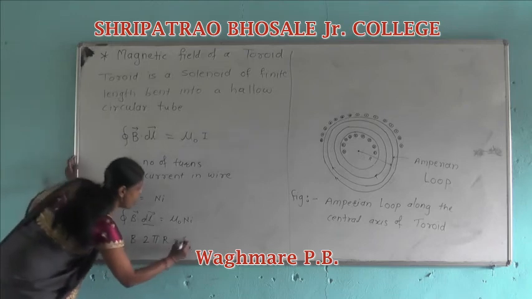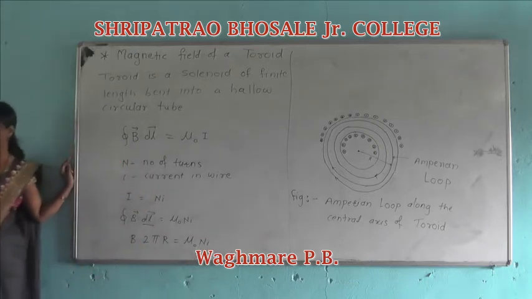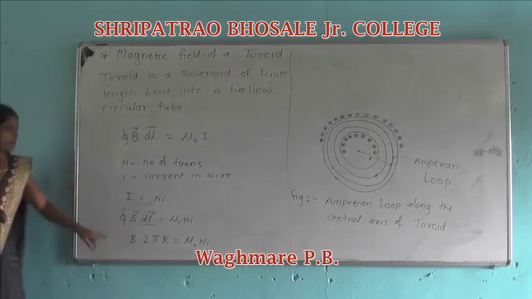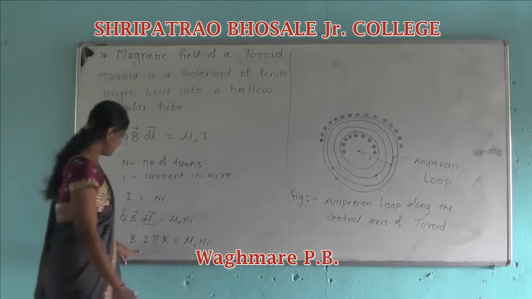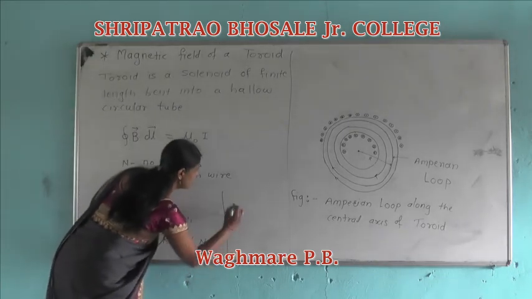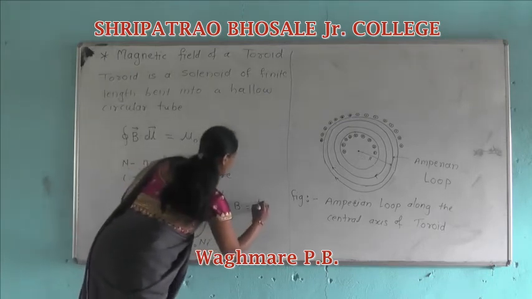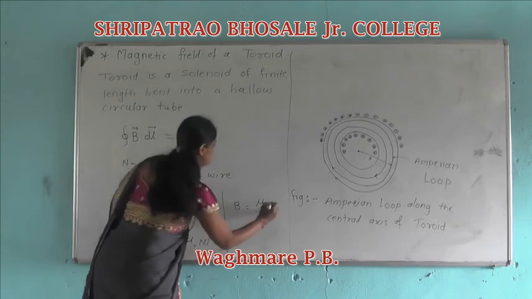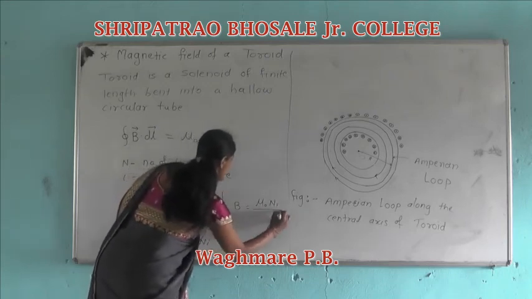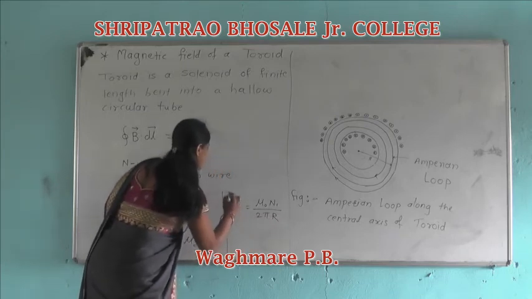Therefore B into 2 pi r is equal to mu naught N i, so B is equal to mu naught N i upon 2 pi r.